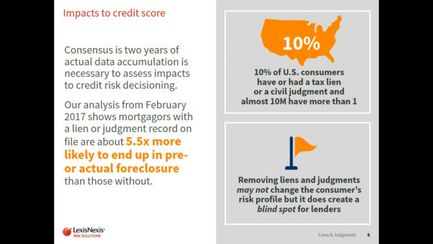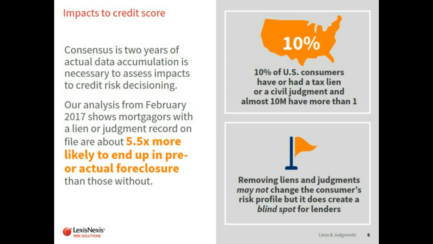Now, it should be noted that the boost that they would gain from the bureaus no longer capturing the lien and judgment data is significant enough that you could expect some consumers who wouldn't have otherwise been able to qualify for certain loan programs would now be able to do so as a result of that boost. And the BCFP, or the formerly known as the CFPB's analysis in their February 2018 quarterly consumer credit trends report showed that there was a high correlation of consumers who had liens and judgments who also had a 90-day plus delinquency show up on one of the trade lines on the credit report.